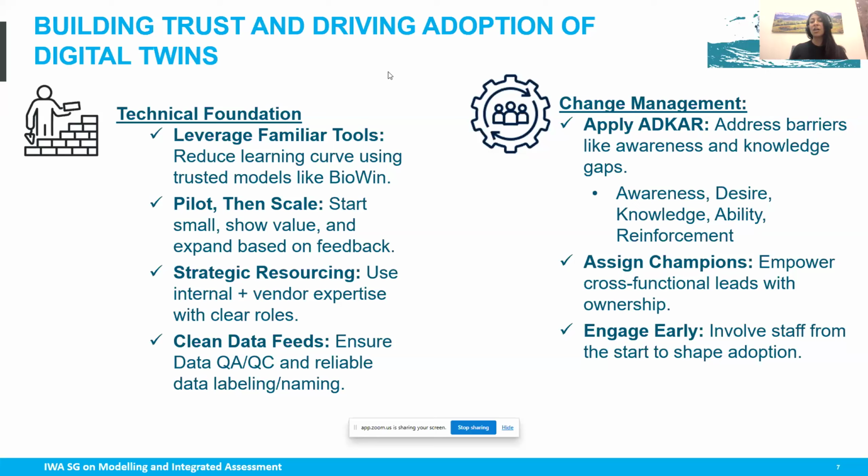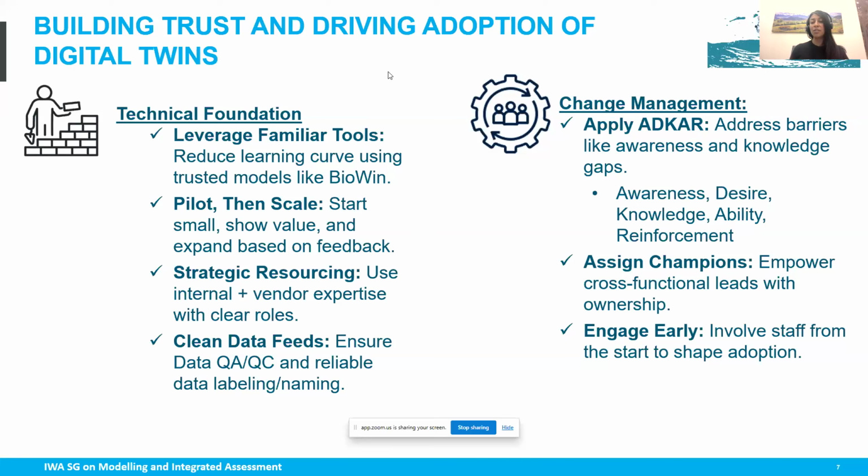For the adoption side of the project, we actually implemented change management strategies. So the ADKAR strategies by Prosci to identify barriers in awareness, knowledge, ability, and reinforcement. So we try to identify those early in the project in efforts to address any potential barriers early on and make sure that all stakeholders were on the same page moving forward with the project.